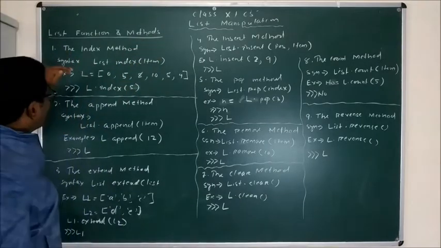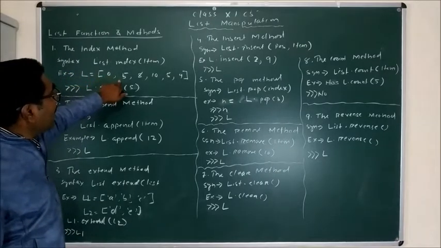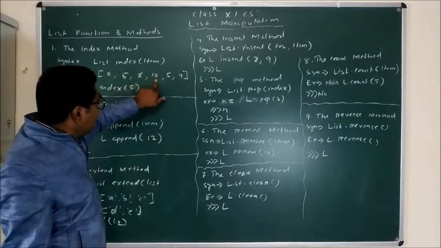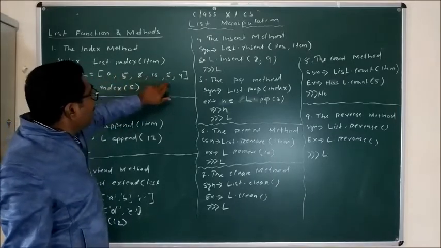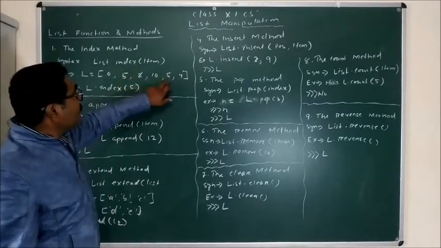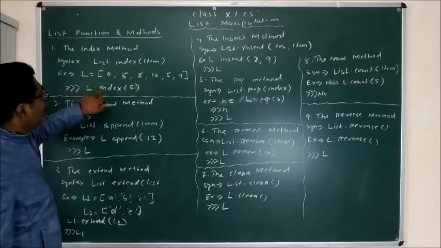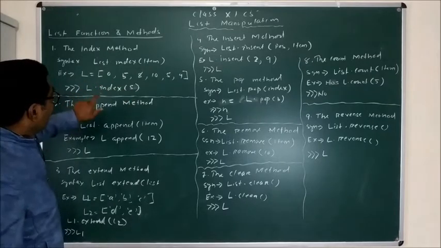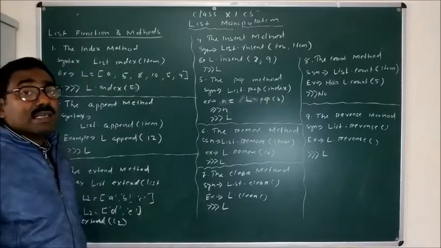For example, suppose L is a list in which we have stored 0, 5, 8, 10, again 5 and 4. So 6 values are stored in the list, and 5 is stored 2 times. When I write L dot index 5, it will display the index of the first occurrence of 5.